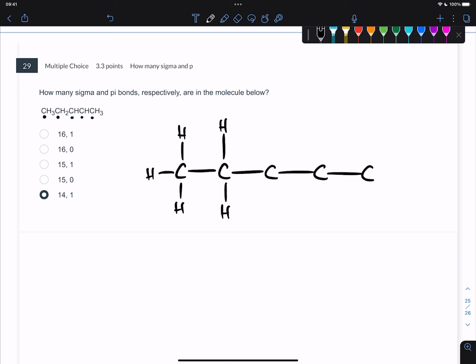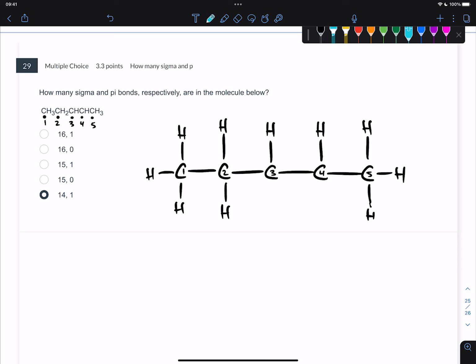Now the third carbon, I guess I can call this carbon 1, carbon 2, carbon 3, carbon 4, carbon 5. The third carbon has just 1 hydrogen on it. Doesn't matter whether you put it up or down, but it has just 1 hydrogen. The fourth carbon also has just 1 hydrogen. And the fifth carbon is another end cap carbon, which typically, not always, is going to have 3 hydrogens.